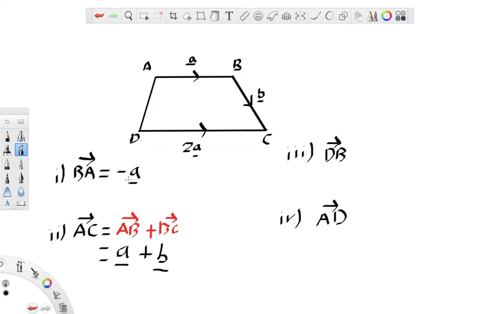Then we've got D to B. Well, what is D to B? So it's D to C, and then C to B. So that's the route that we take to get from D to B. So again, I'll write that out.